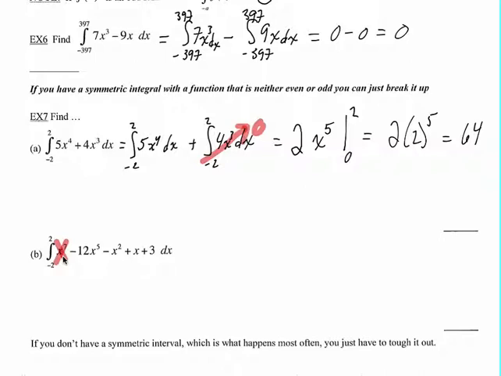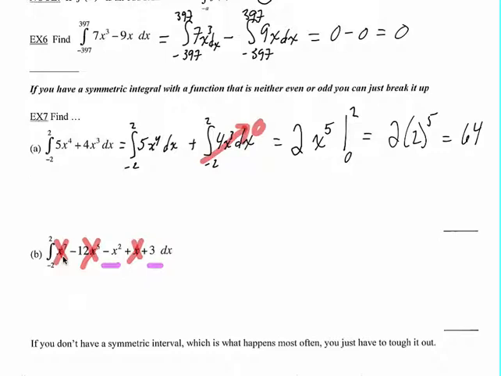The second function is odd, that is going to become 0. The fourth term, we also don't need to worry about. So then we really just need to be worried about those two terms, the negative x squared and the 3.